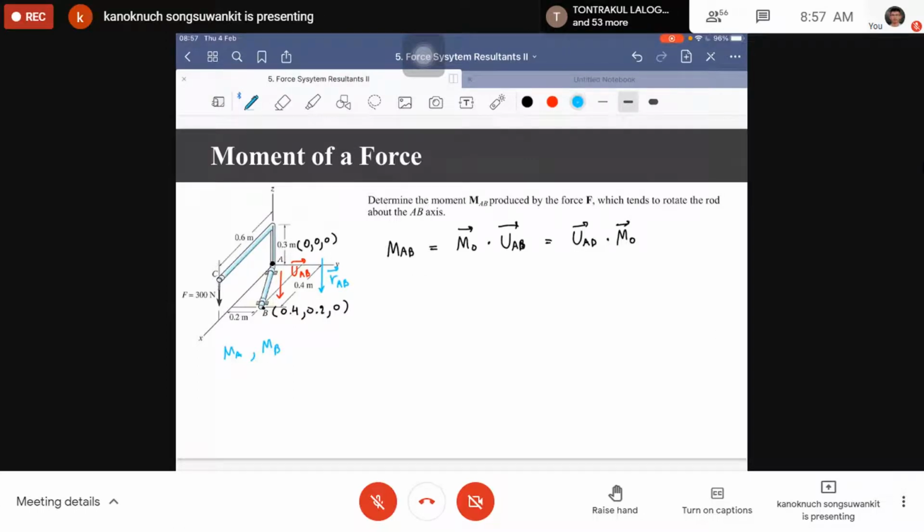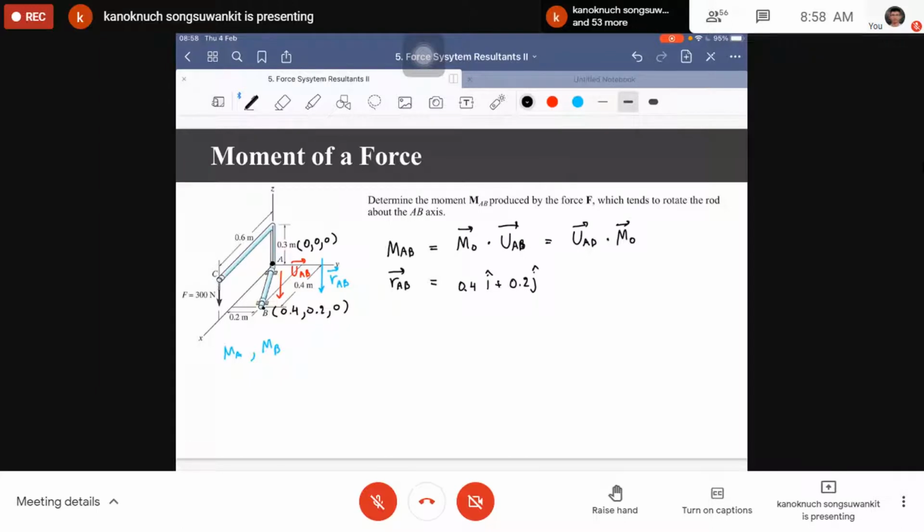First thing we know, RAB is equal to the coordinate at the ending point minus the coordinate at the starting point. So RAB equals 0.4i plus 0.2j. K is 0, so we just have i and j.